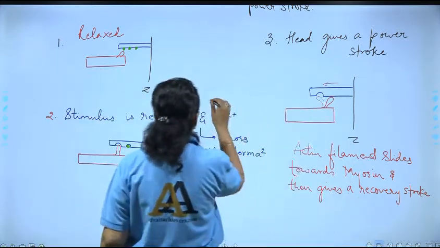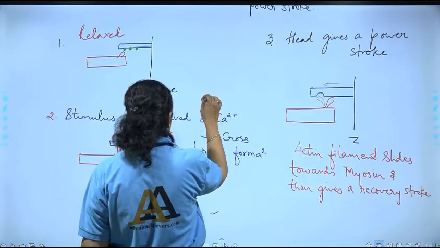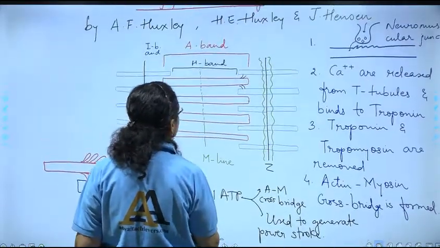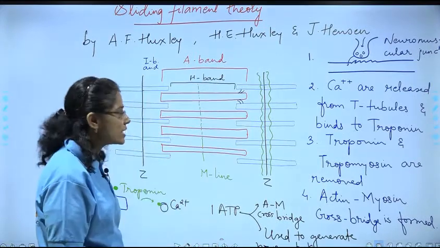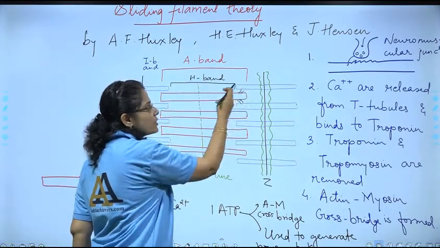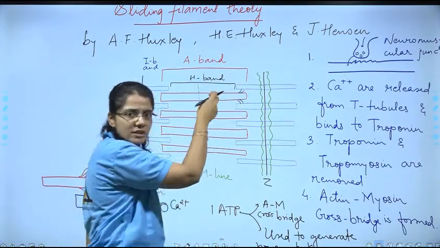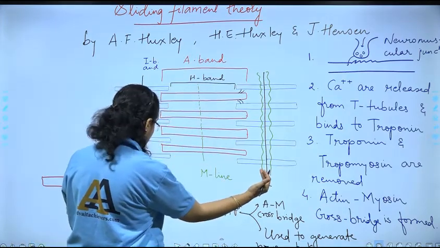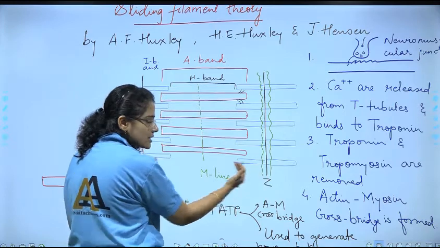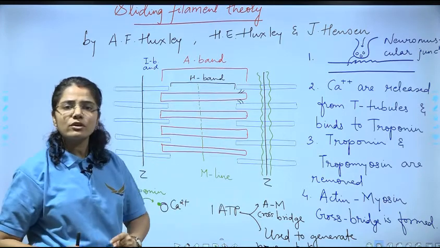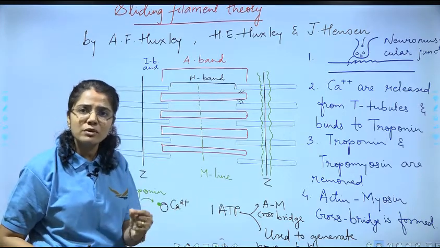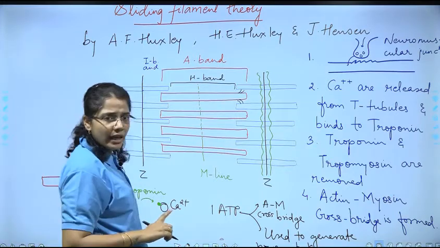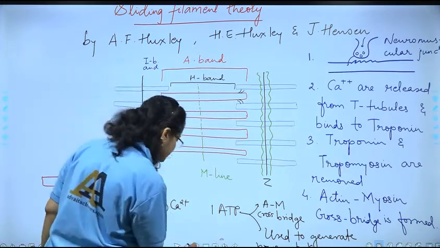A few things we have to understand. I am again bringing down our figure of this one so that we understand. अब समझना है कि actin is getting pulled inwards, correct? So these Z lines are gonna come closer like this, correct? So what is going to happen? The length of sarcomere is decreased. ये क्या क्या चीजें हो रही है ये याद रखना है, ठीक है?